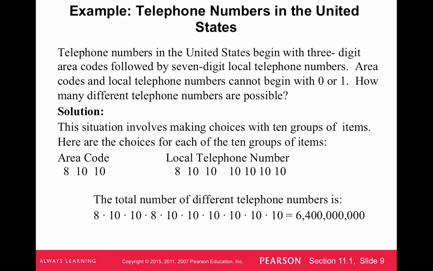If you multiply those numbers together, you get 6,400,000,000 different numbers. Now, that's the maximum number of numbers based on these rules. There are other rules, like you can't have 555-5555 as a number, which reduces it a little bit. But this gives us an idea of about how many numbers we can pick from.